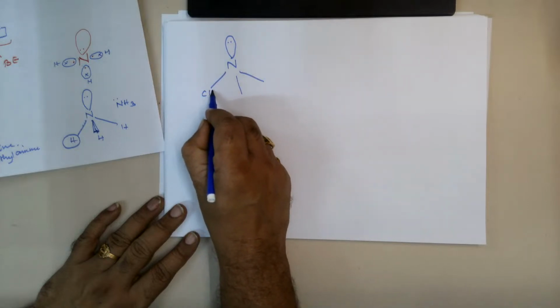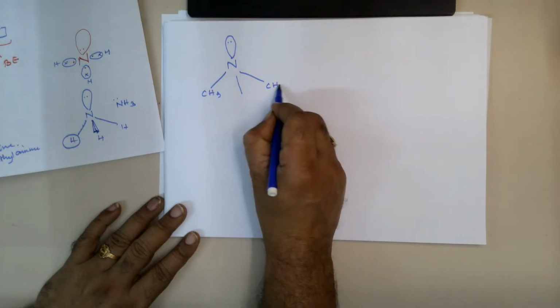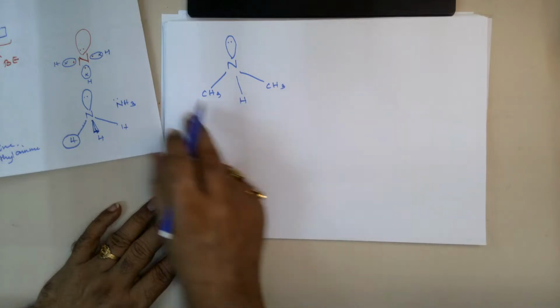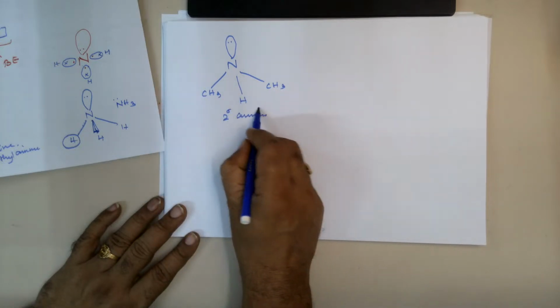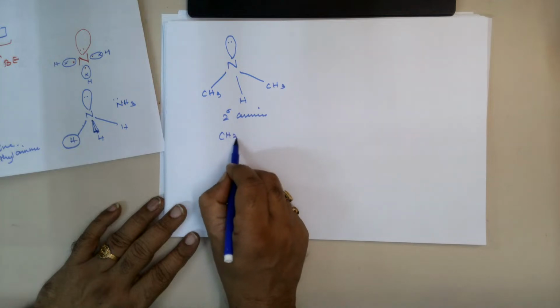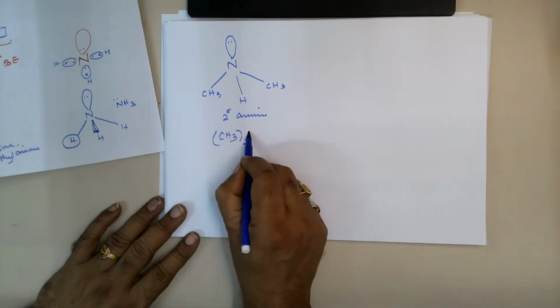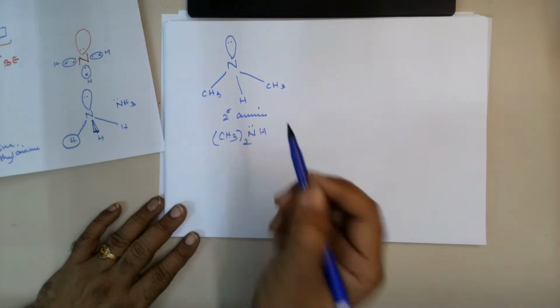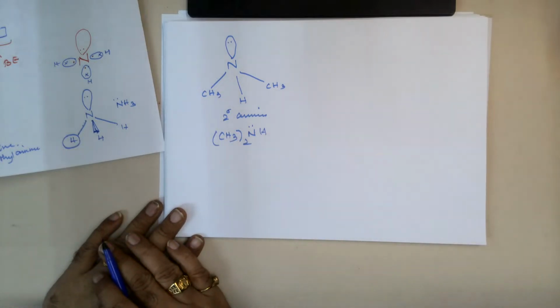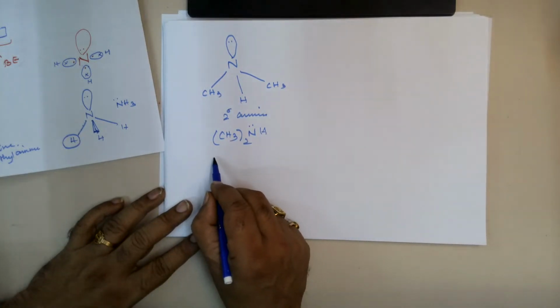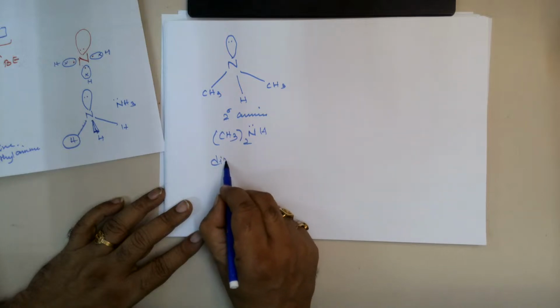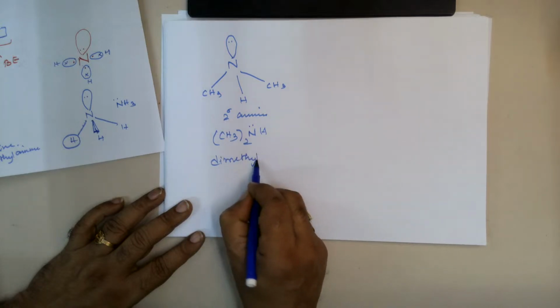So here one methyl group and another methyl group, and now hydrogen. So what do you call this? This is a secondary amine. It means CH3 twice and NH. Still you have a lone pair. And this is known as dimethylamine.